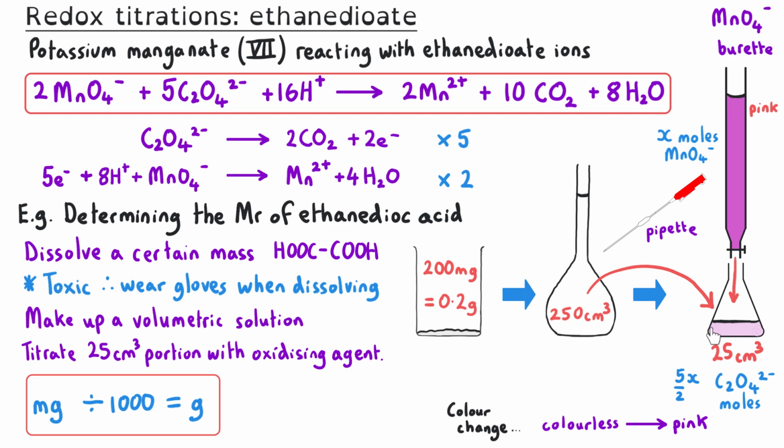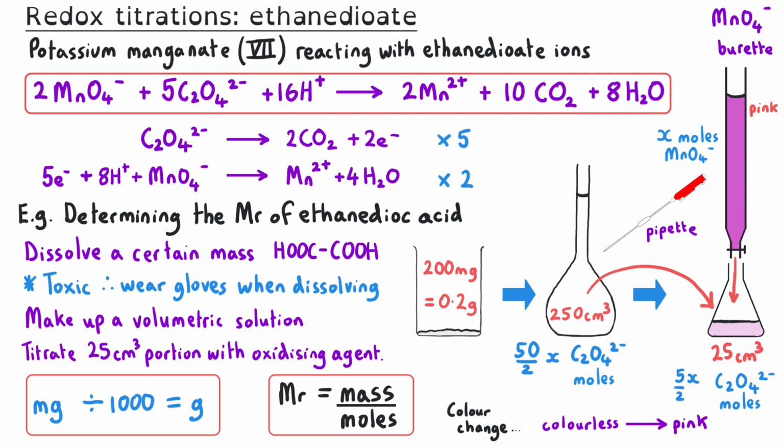And then you would also perhaps have to note that you'd only been reacting 25 cm cubed of your solution out of the total volumetric flask solution, and so you would need to factor that in by multiplying the moles of ethanedioate in the conical flask by 10 to work out the moles of ethanedioic acid in the volumetric flask, and hence in this 200 milligrams of ethanedioic acid that you'd started with.